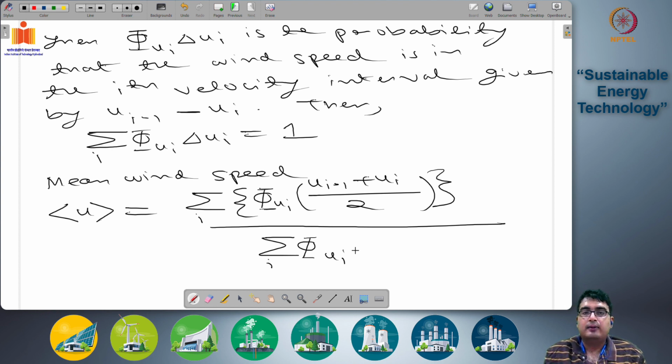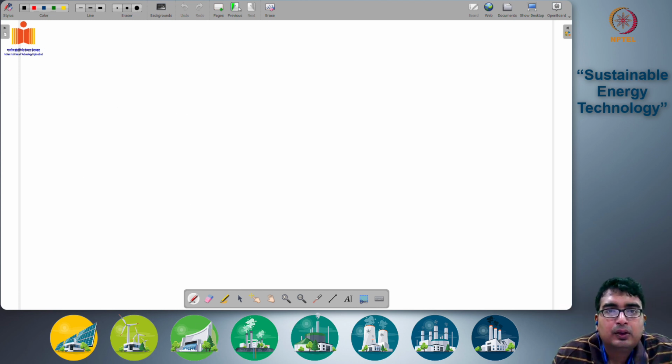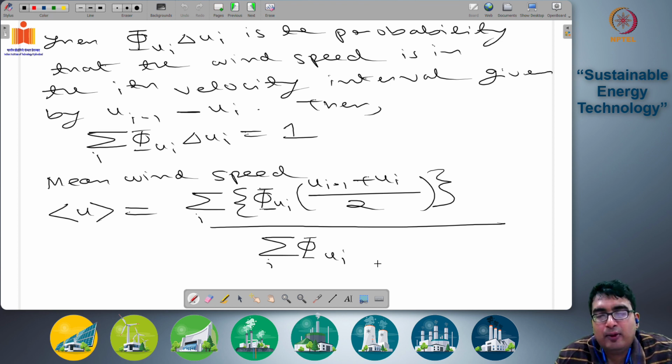So this is the mean wind speed as given by this system. This equation will help you evaluate the mean wind speed for your distribution.